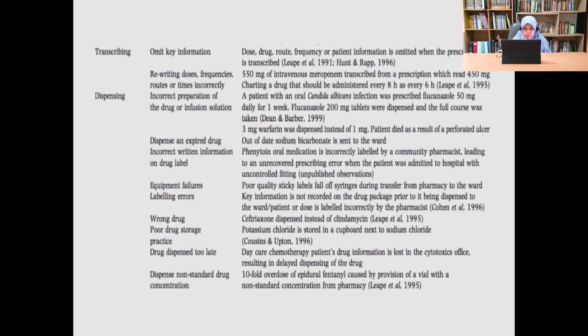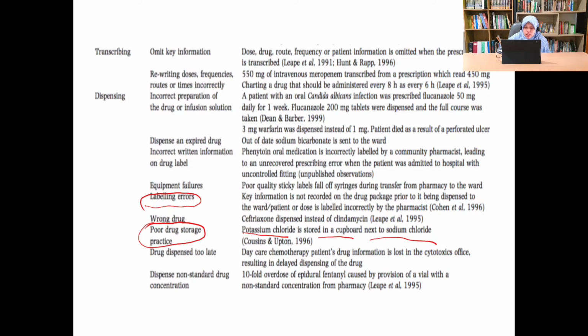This is an example of medication error that has been published in some journals. For dispensing, for example, there are labeling errors or poor drug storage practice. In poor drug storage practice, potassium chloride is stored in a cupboard next to sodium chloride, so it can be confusing.